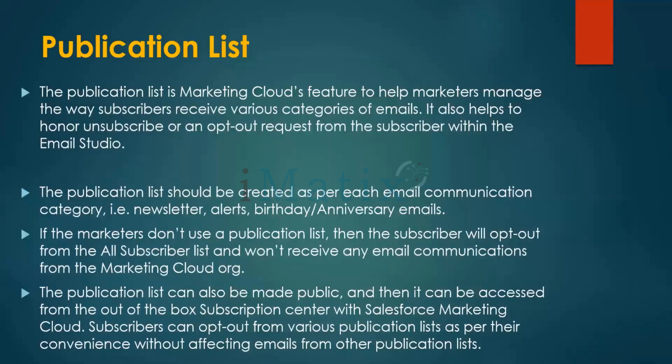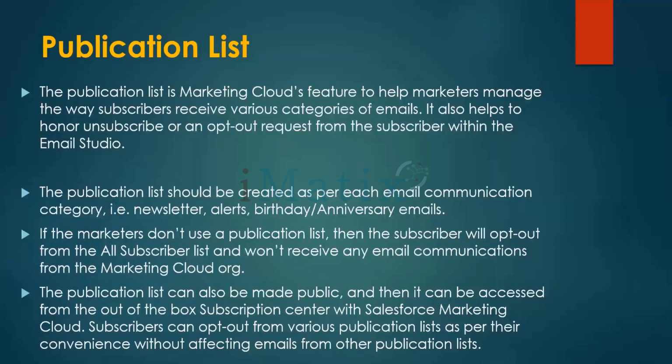A publication list should be created for each email communication category. Suppose it is anniversary related emails, or a newsletter: each is its own category, a different category. If we do not use publication lists, then a subscriber will opt out from all subscriptions.